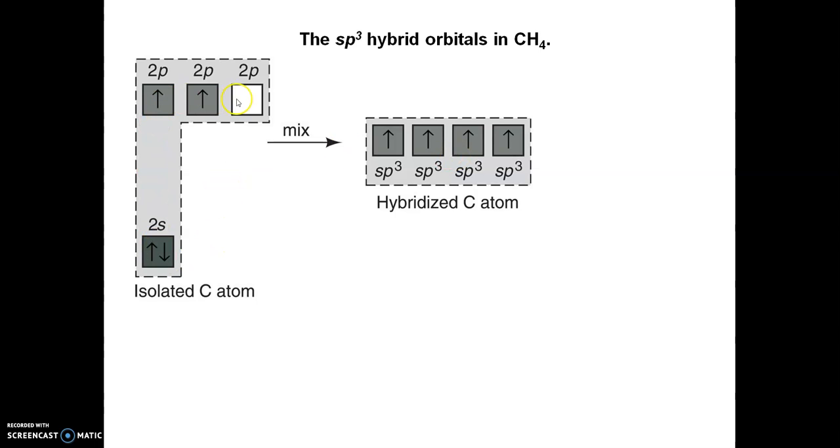If you put 4 orbitals into it, you get 4 orbitals out of it. But notice these new orbitals are averaged. So we would literally take the mathematical function for a 2s orbital, the mathematical function for a 2px, 2py, and 2pz, add up all those wave functions, and divide by 4. And what we'll get is 4 new wave functions. And those 4 new wave functions are called sp3 hybrid orbitals.